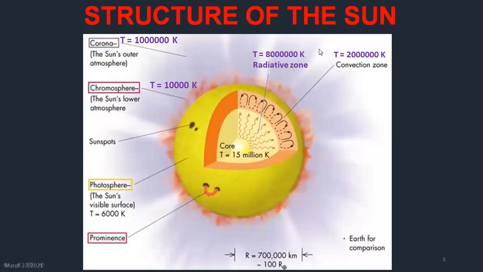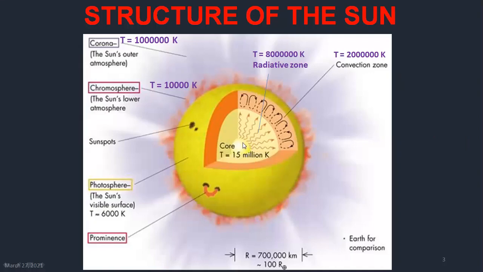The structure of the sun can be categorized into two parts: the solar interior and the solar atmosphere. The solar interior contains the core, radiative zone, and convection zone, while the solar atmosphere contains the photosphere, chromosphere, and corona.